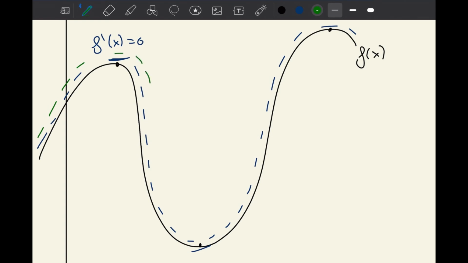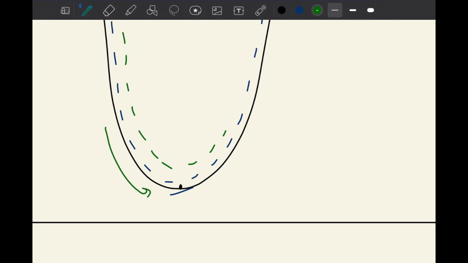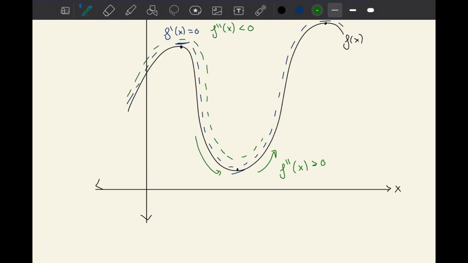That is why your f prime prime of x is going to be less than 0. Now if you look at the minimum point, your slope starts to increase. Look, it goes from negative to positive. So your second derivative, f prime prime of x, is going to be greater than 0.